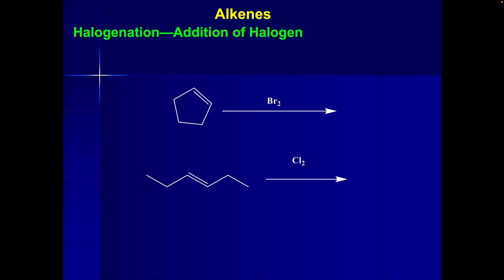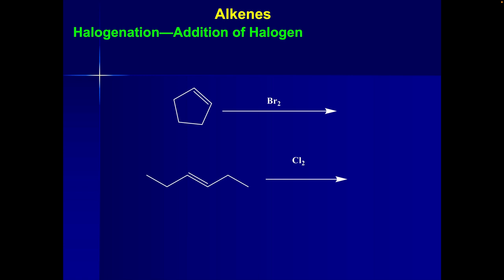And so the way that we represent that in organic chemistry, something that's coming towards me, we represent with a solid wedge. And something that is going away from me, we represent with a dashed wedge. And so this is the only thing you form, is this trans relationship of these two bromines.